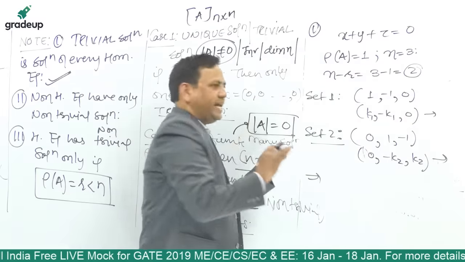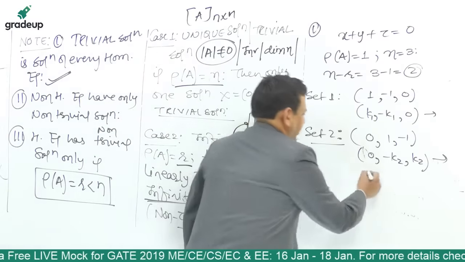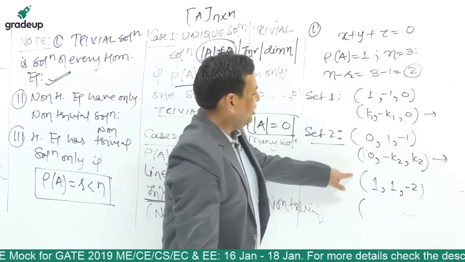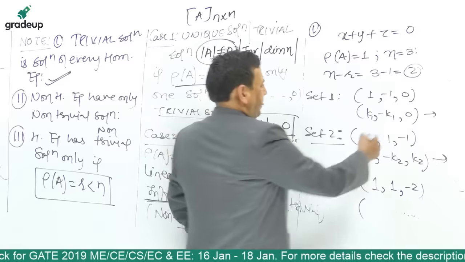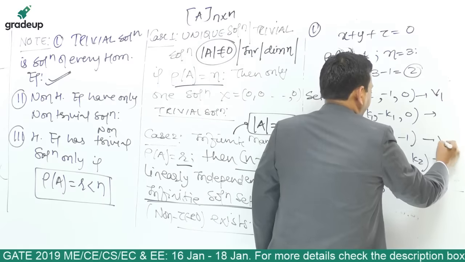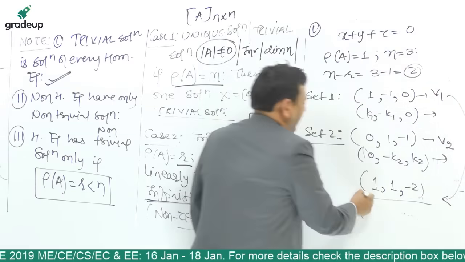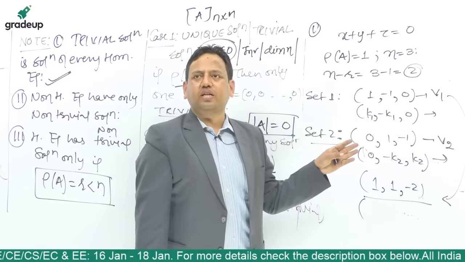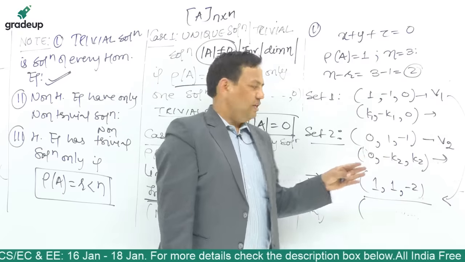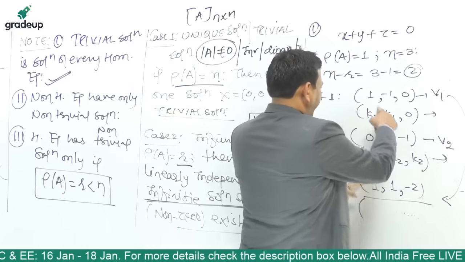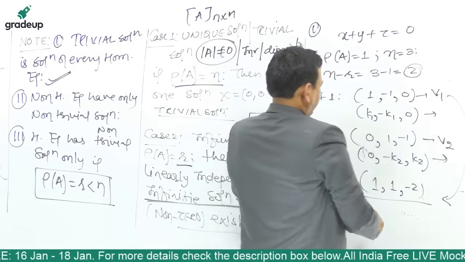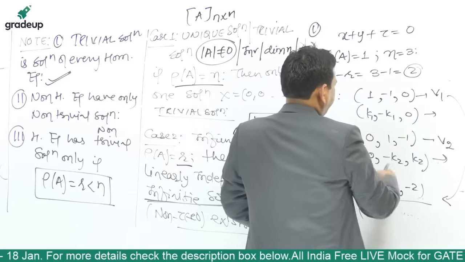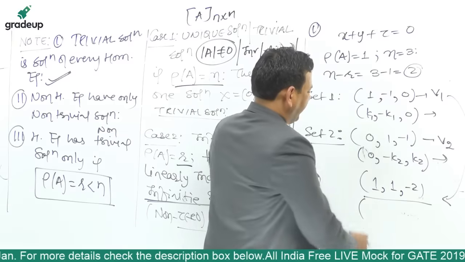Now write down any other solution. Suppose (1, 1, -2). This solution is totally dependent on these. Why? If I take this as V1 and this as V2, this will be linearly dependent on these two. So I will get exactly 2 linearly independent solutions. Using these two, I can make this a dependent vector.